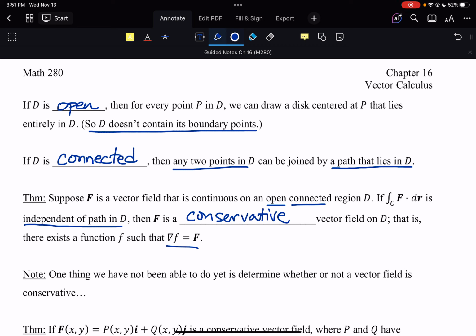So again, this says as long as we have an open connected region, the line integral being independent of path tells us that the vector field is conservative.